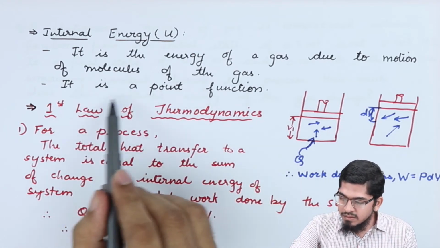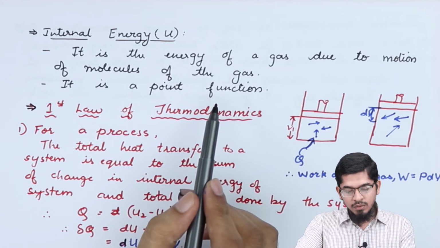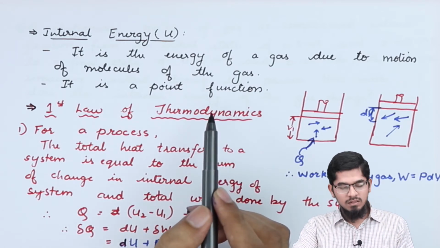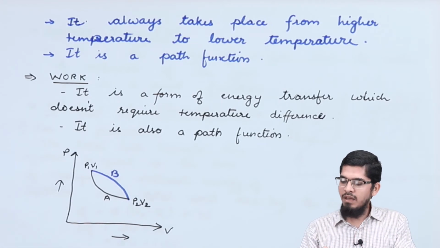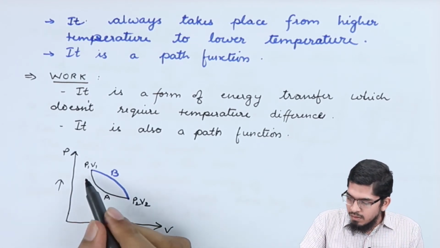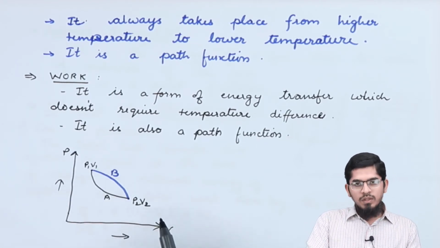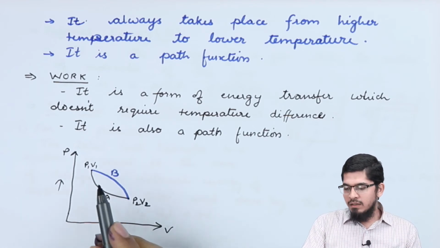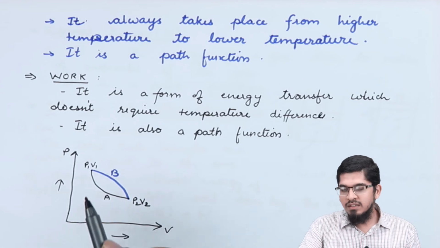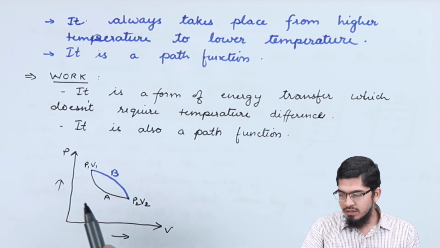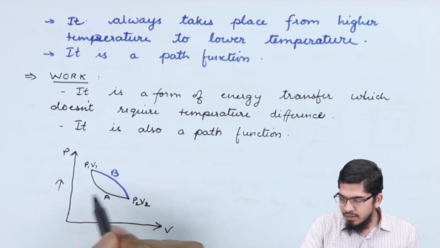And remember, this is a point function. It depends on the state of the gas. For example, if you consider the same gas moving from P1 V1 to P2 V2, what does it mean for internal energy to be a point function?